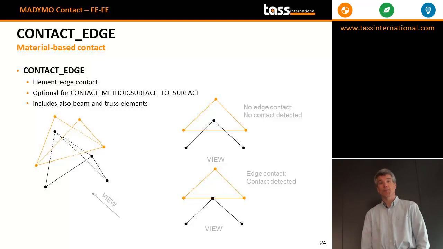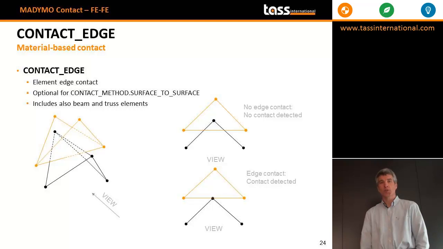At the left side you see an ISO view of some triangles, the black and the orange one. Suppose the orange ones are moving downwards and the black ones are supported.